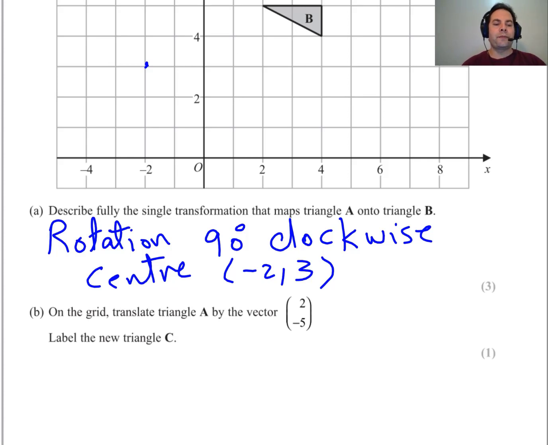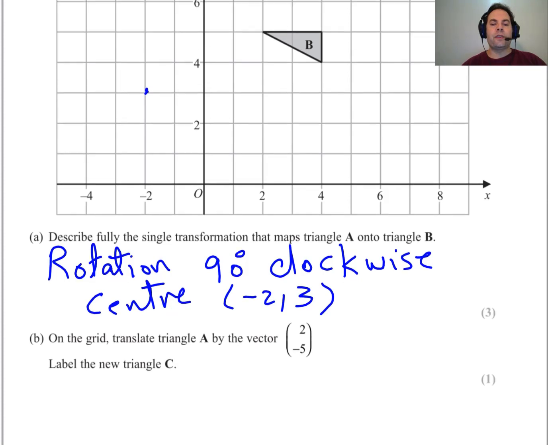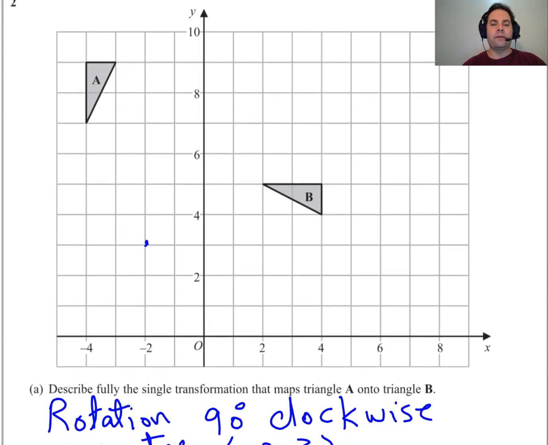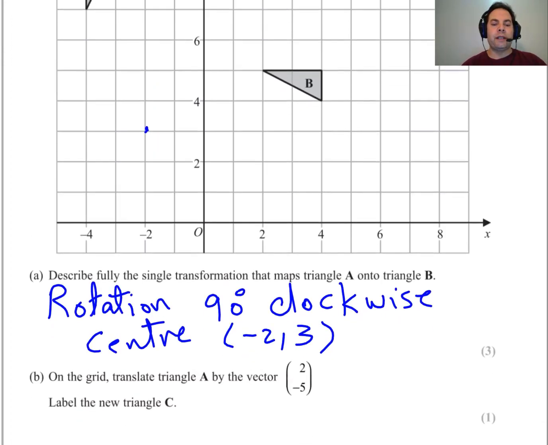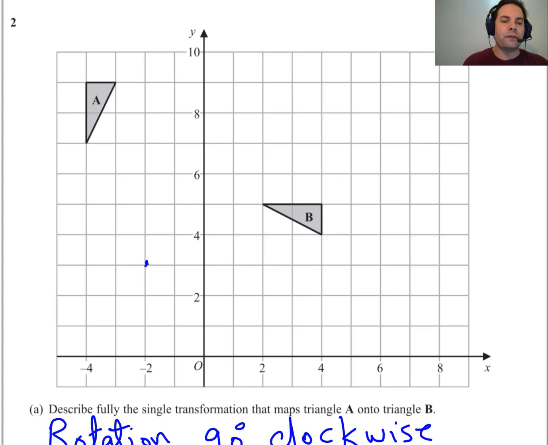Part B, on the grid, translate the triangle A by the vector 2 and -5 and label the new triangle C. Translation vector 2 and -5. Let's start with the first point of triangle A. This point.